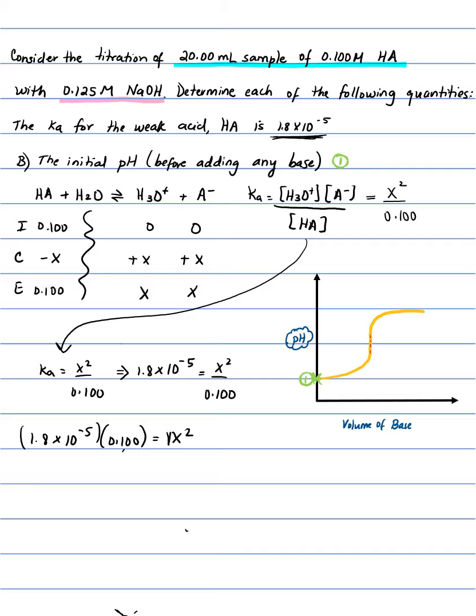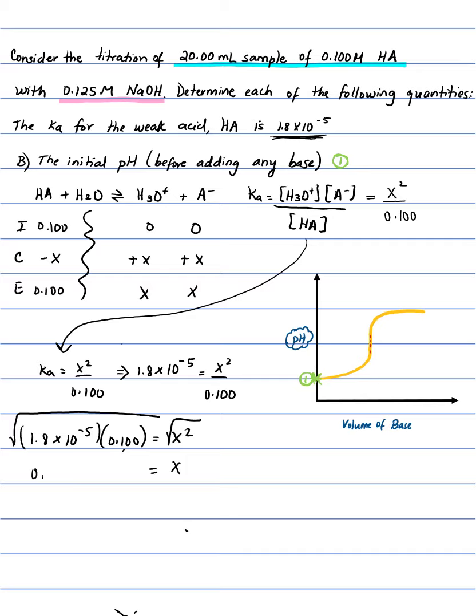And then we do the square root of that number, and that will give you the value of X. So I have 1.8 times 10 to the minus 5 times 0.1, square root of that number. So X will be a number close to 1.3 times 10 to the minus 3.